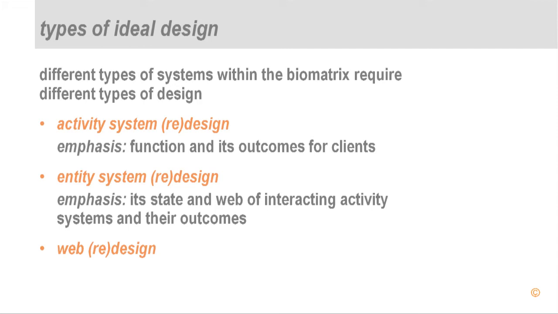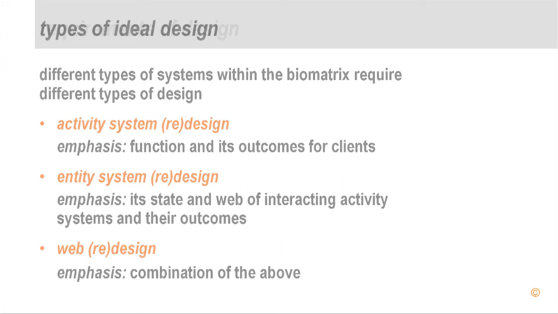And this is really a combination of both entity and activity system redesign. Only we are talking here about chains of activity systems and containing hierarchies of entity systems. And this is the subject of our societal transformation program.